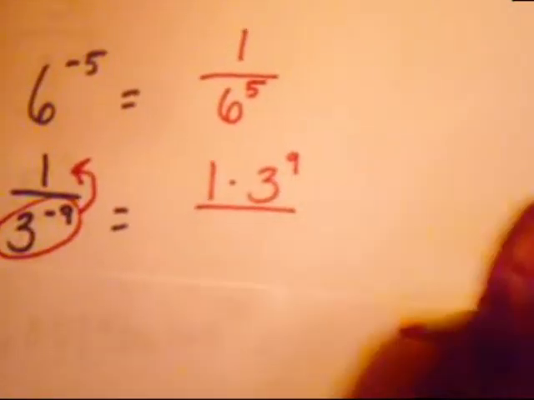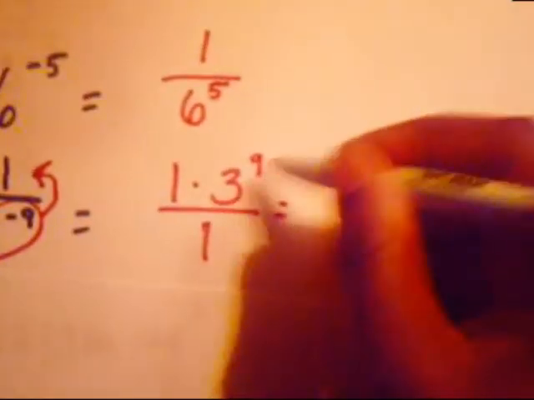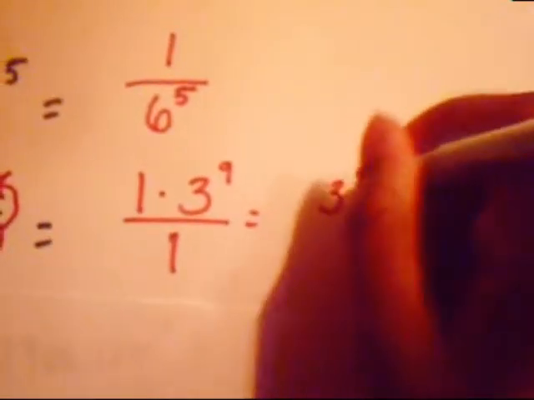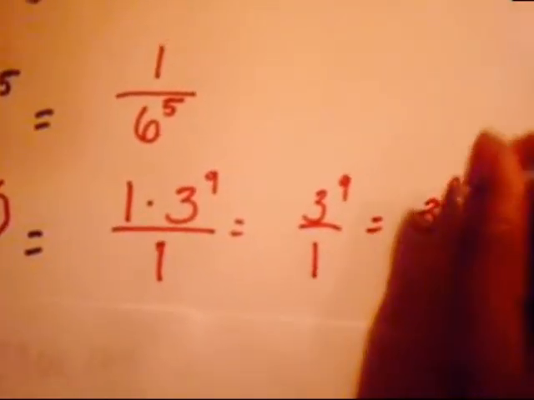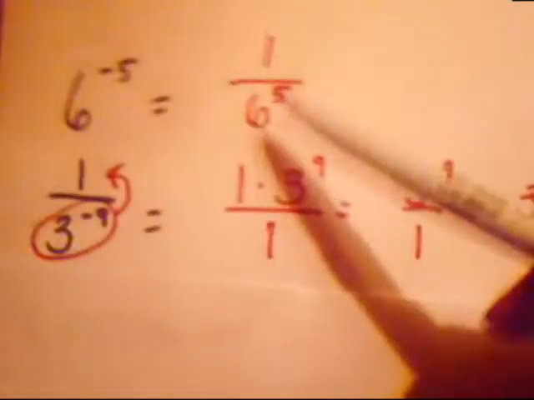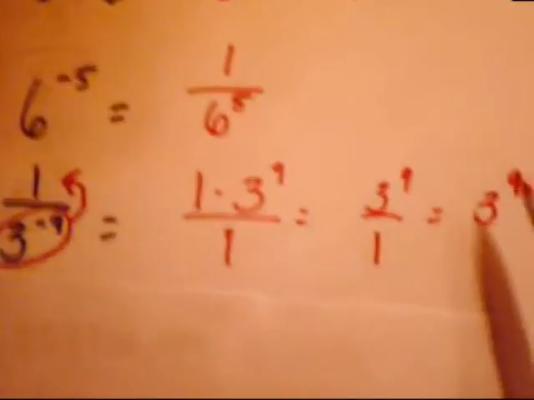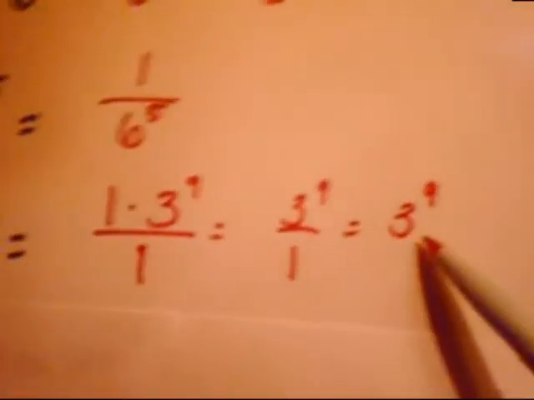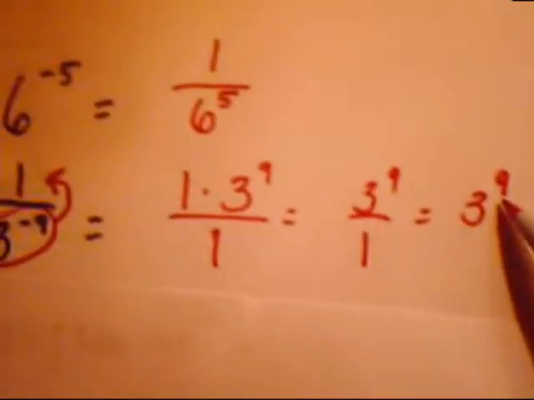So what's left in the denominator? A 1. And 1 times 3 to the 9th would be 3 to the 9th over 1. And 3 to the 9th divided by 1 would be 3 to the 9th. So guys, please make sure that you remember that if it's not already a fraction, turn it into a fraction. If it's got a fraction already, use the fraction bar that they give you and just flip it over. Okay? Make sure you keep your base the same and make your power a positive.